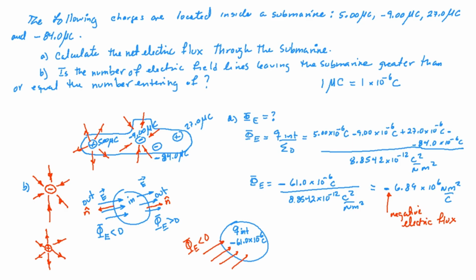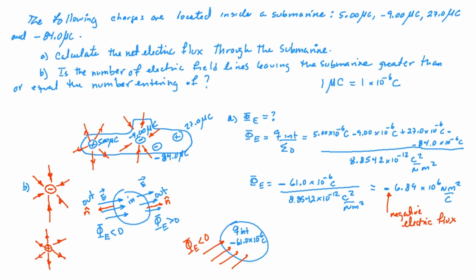And when the electric field lines go from outside to inside, they are going against the direction of the normal to the surface, and then the angle is 180 degrees, and the cosine of 180 is -1, and then the electric flux is negative.